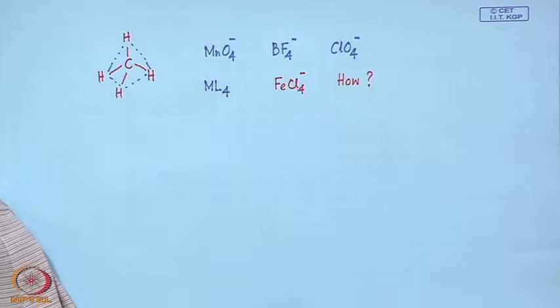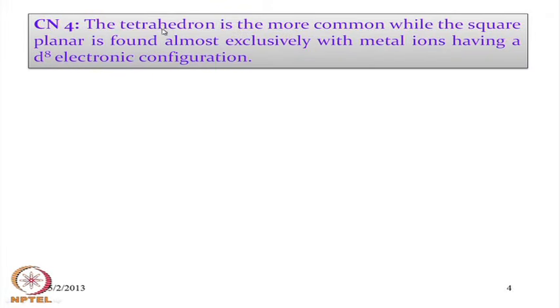This particular geometry, which is tetrahedral in nature, is the most common one, but the other variety we can also encounter is the square planar geometry, and these are found almost exclusively with metal ions having a d8 electronic configuration.